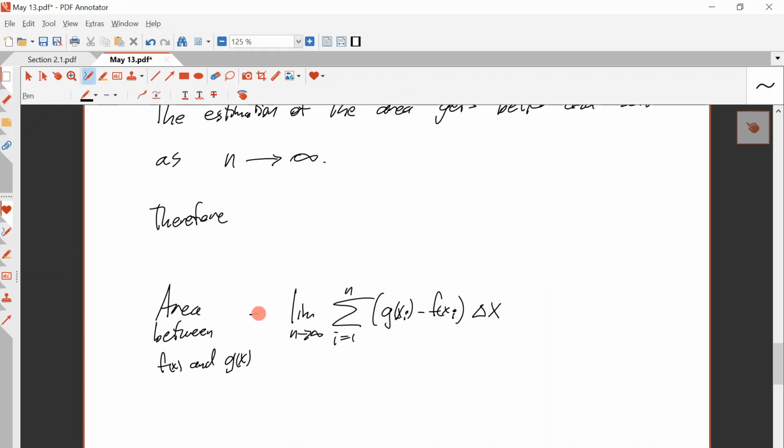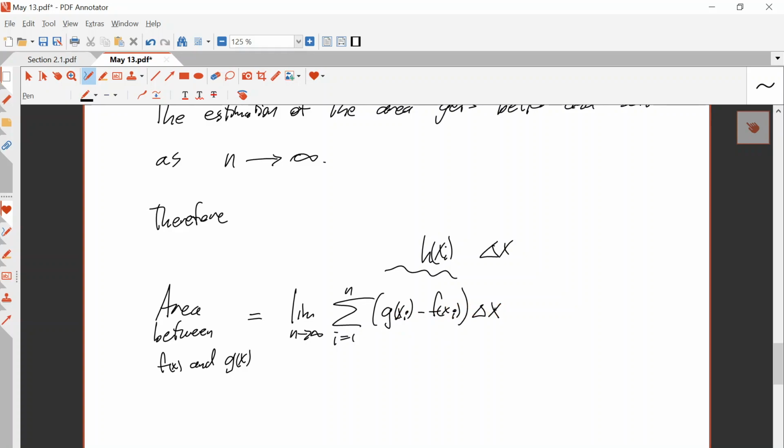So we have that the area is equal to the limit of the sum of a function, and we don't care what that function is. It's not f in this case, it's like h of xi. The limit as n goes to infinity of the sum from 1 to n of h of xi, just some function of xi, times delta x.